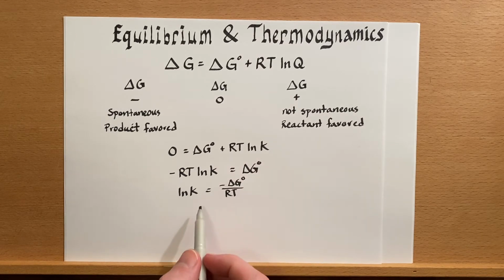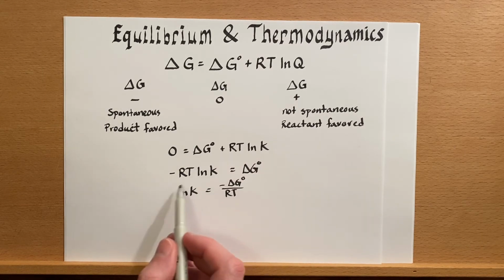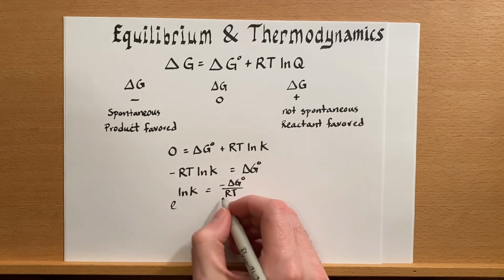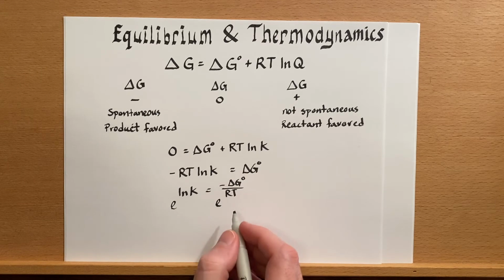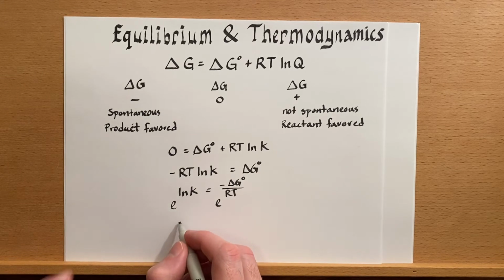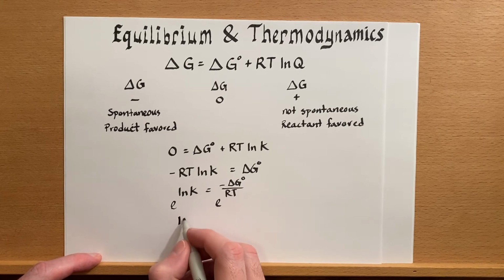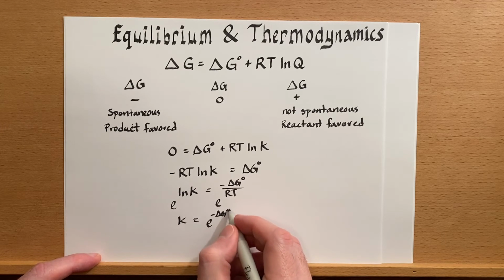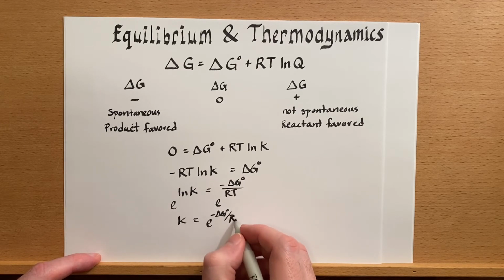And then let's see if we can simplify the ln of K just by raising it to the natural exponential. And if we do that, we should get K equals E to the negative delta G standard condition divided by RT.